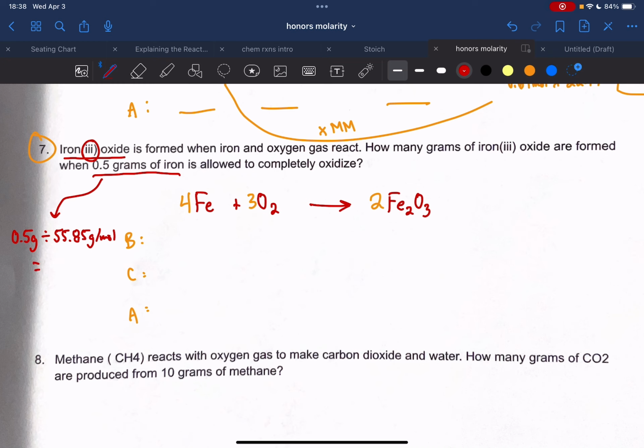And when I do 0.5 divided by 55.85, I get 0.00895. So that's the number of moles that I'm starting with. I can put that right here, 0.00895 moles.